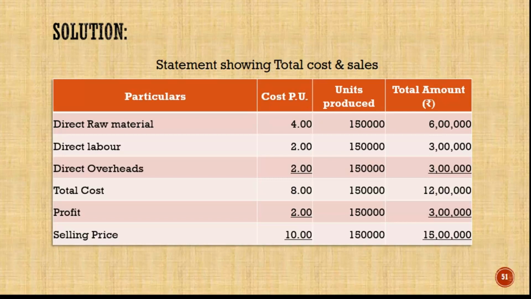Next, we know how many units this particular company is going to produce, that is 1,50,000. So by multiplying units produced by cost per unit, we arrived at the total amount of cost as well as sales. That is 6 lakh, 3 lakh, 3 lakh, total cost 12 lakh, profit 3 lakh, and selling price 15 lakh.